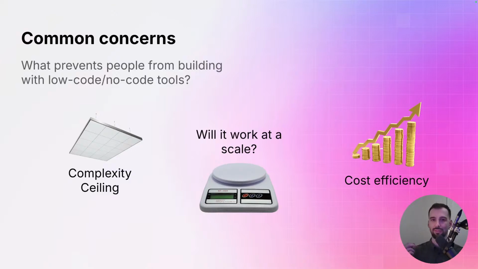You can build 95% of your application, but at some point you understand that you just can't finish your project because the platform does not support, like, complex charts. And then the only way to get out of this situation is to just rebuild everything from scratch. And this is called the complexity ceiling.